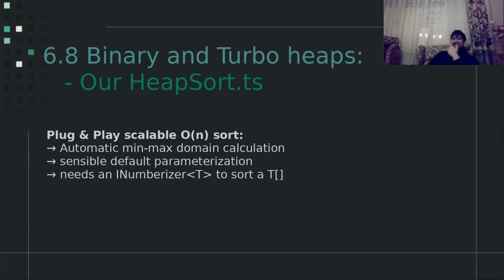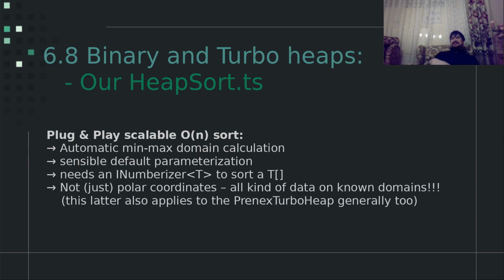It needs just a numberizer and an array to sort. And of course, I guess you have realized at this point that this is not just for polar coordinates and circular data, but all kinds of data where you know the domain. And when you have an array, because of the min-max search, you always know the domain. And we again reuse the code of the min-max search.